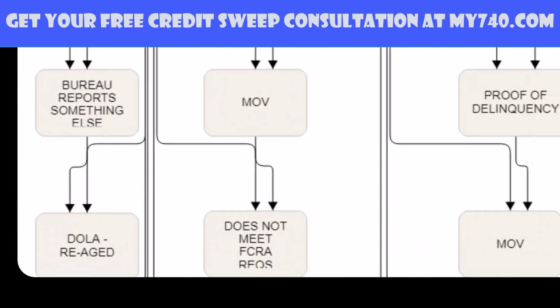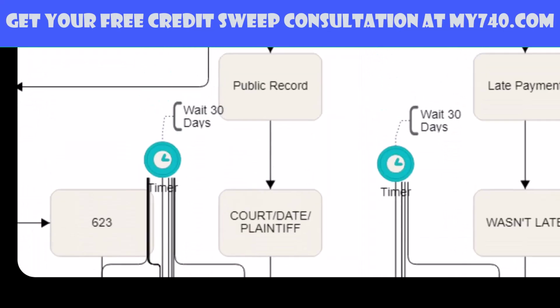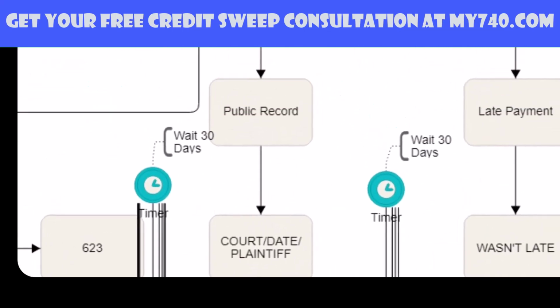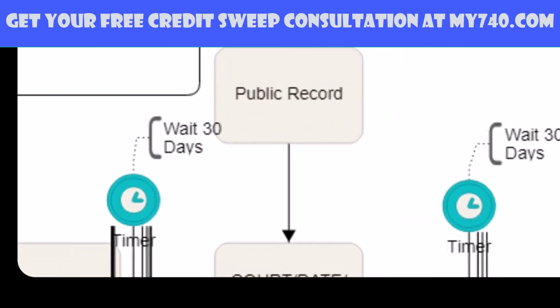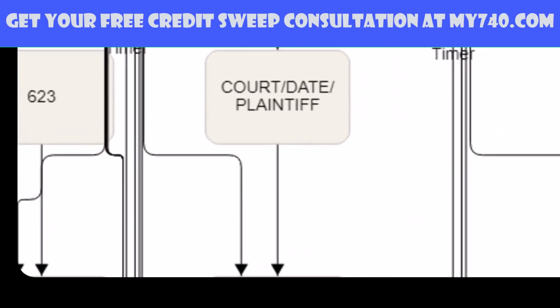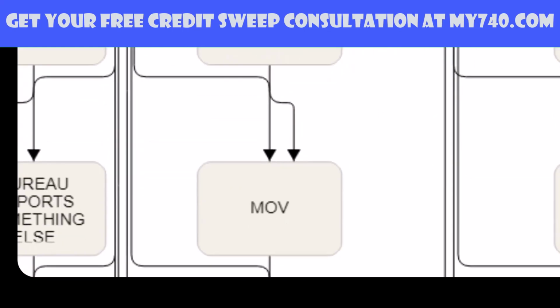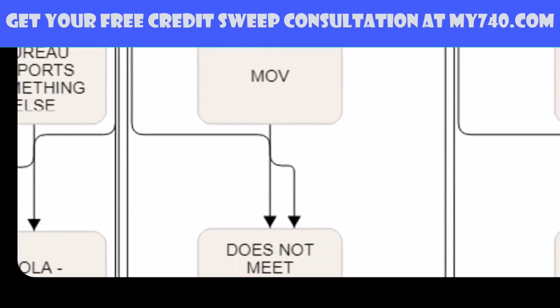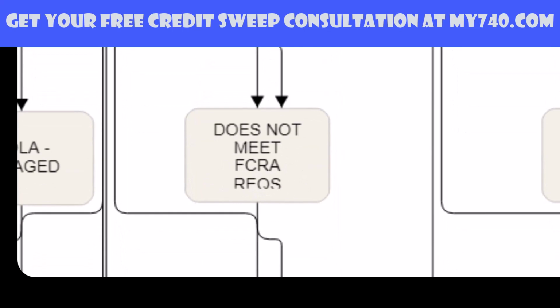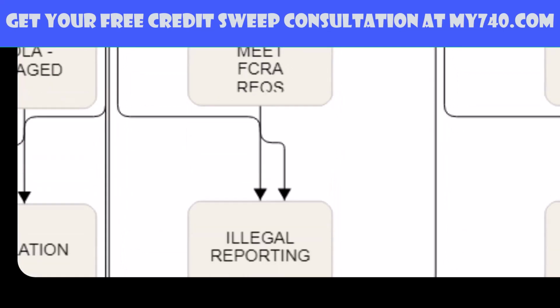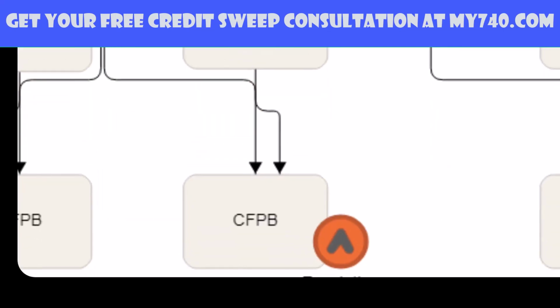All right, let's go and check out public records. So for public records, we only have bureaus to dispute with, all right? So court, date, plaintiff, personal information is missing based on the laws that were passed in 2016 and 2018. Method of verification. Does not meet FCRA requirements, illegal reporting, and CFPB.